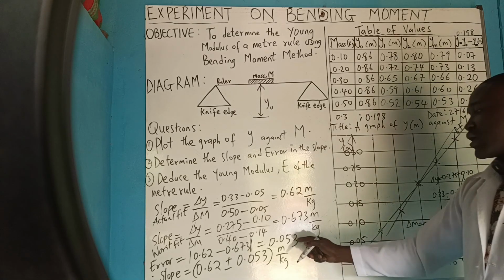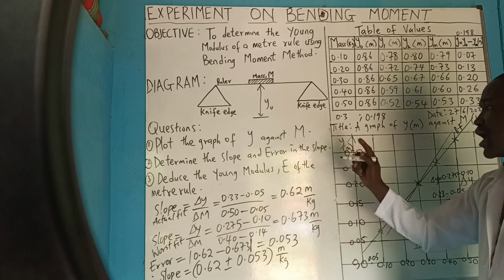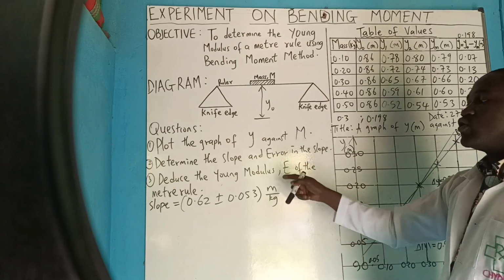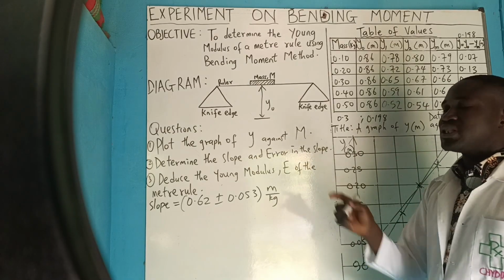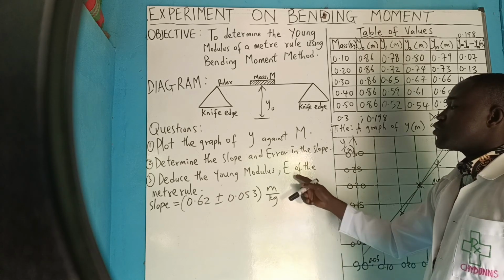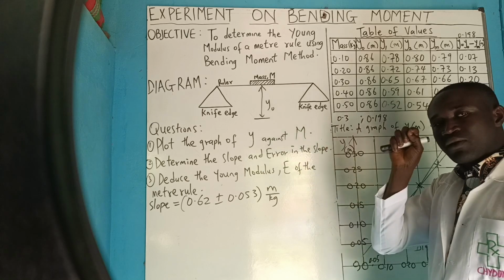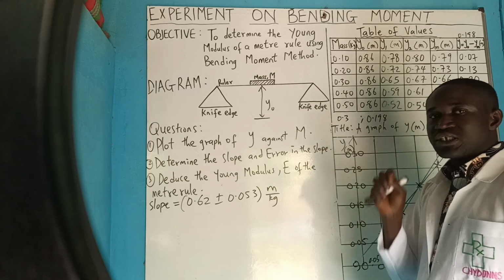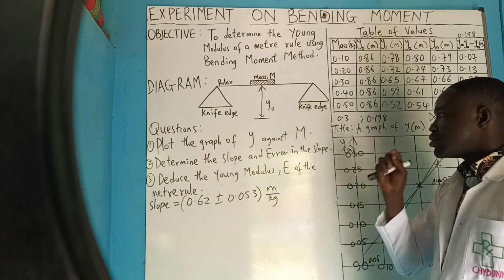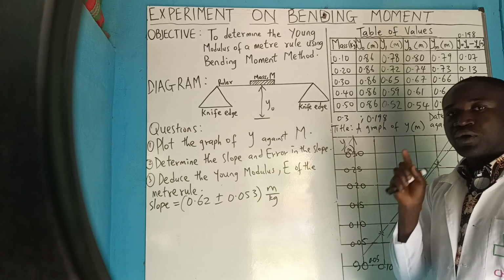We have been able to get the slope and the error in the slope. Now they say deduce the Young modulus E of the meter rule. When we are able to deduce it, that will tell you quantitatively how stiff or how flexible the meter rule is.